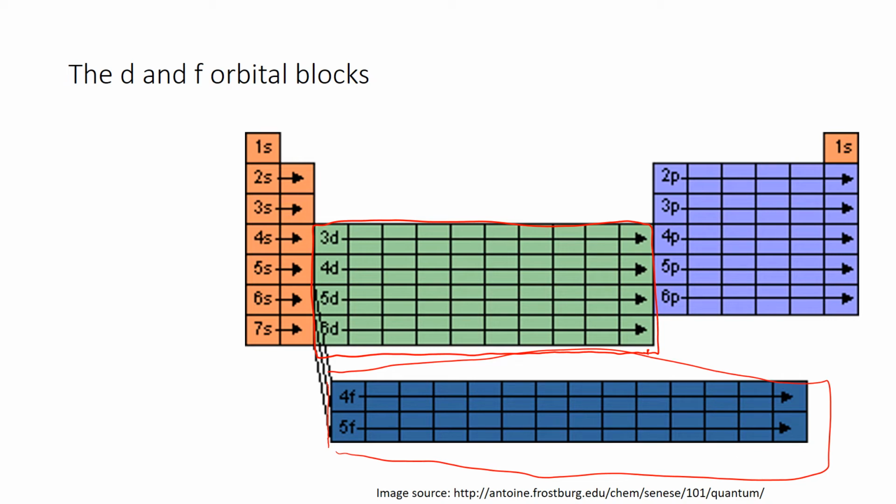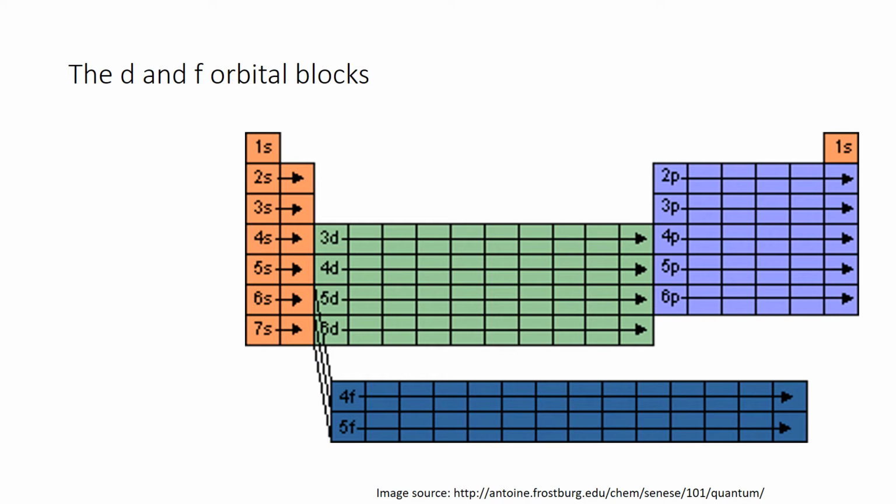And so we actually talk about these as the d and f orbital blocks of the periodic table. And you see the same idea associated with those columns that we already identified with the s and p. These are what we call the s orbital block here in red, and the p in this kind of lighter lilac color.